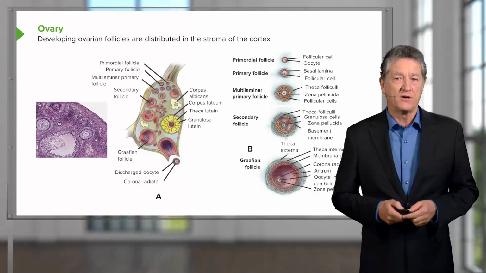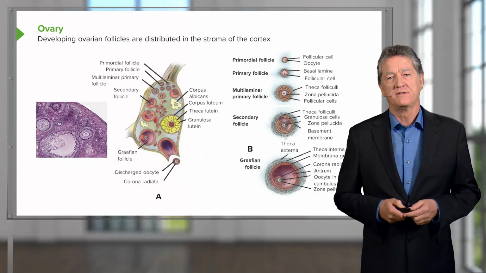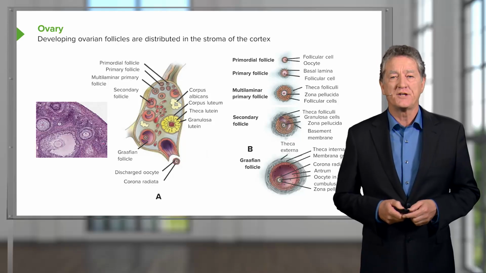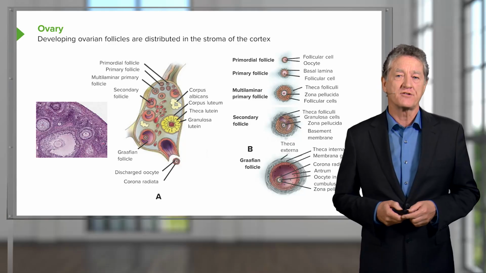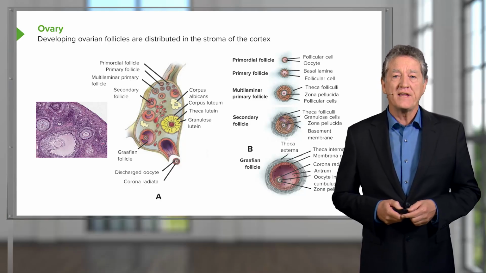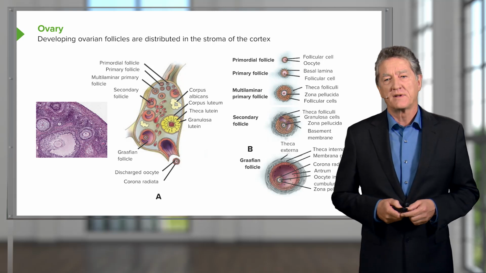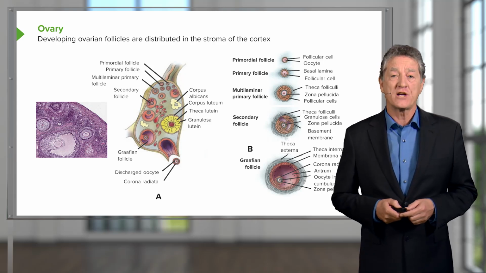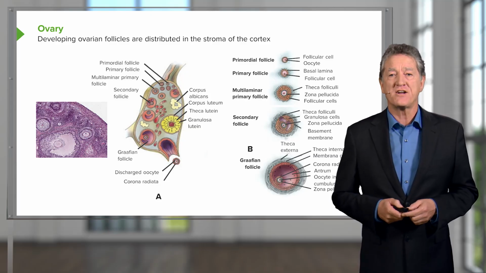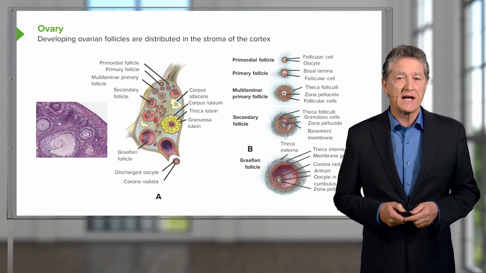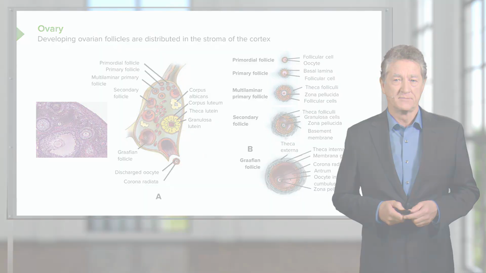The oocyte also increases its size. It's not shown that clearly here, but that's another event that we need to recall as we go through this lecture. On the outside of this growing follicle are 2 layers that form. They're called thecal layers. An outside layer called the theca externa and an internal layer called the theca interna.